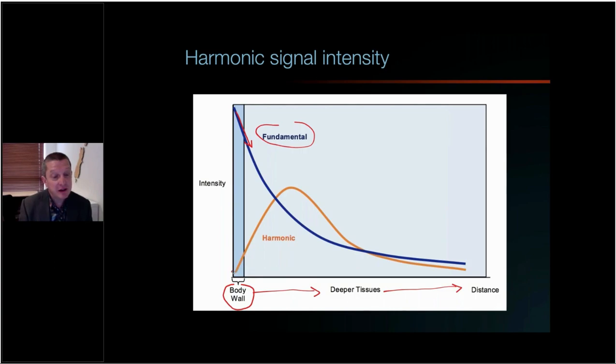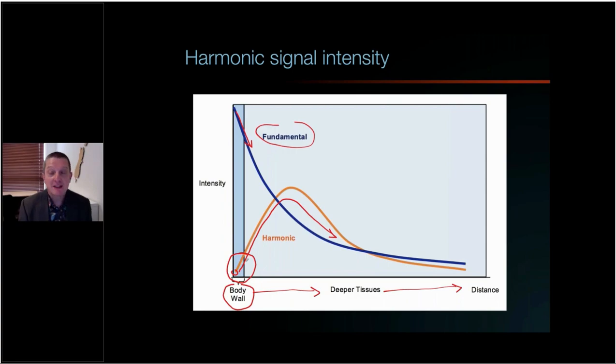Now, while we have a relatively even drop-off of the fundamental frequencies, if you have a look at what happens to harmonics, it's quite a different story. Harmonics actually start very, very low, close to the transducer, and they require distance to build up. So harmonics increase in intensity as sound propagates through the patient, then peak, and then reduce with depth. And this is a very important feature of harmonics, because you can see that very few harmonic frequencies exist where we have a particular problem, and that is the patient's body wall.